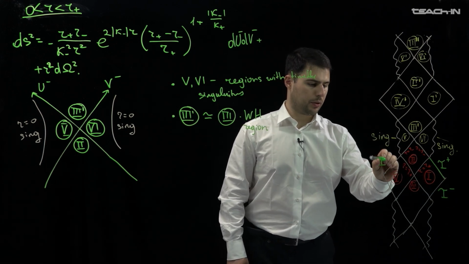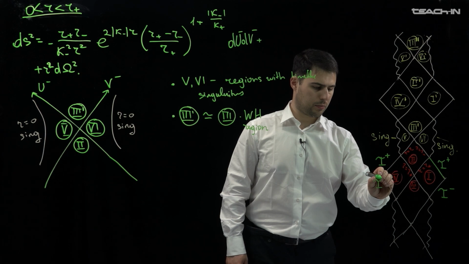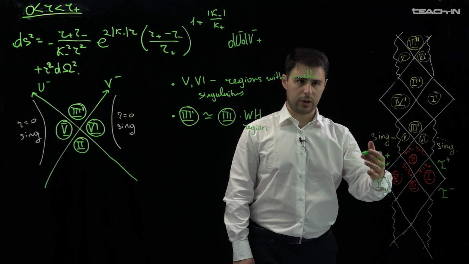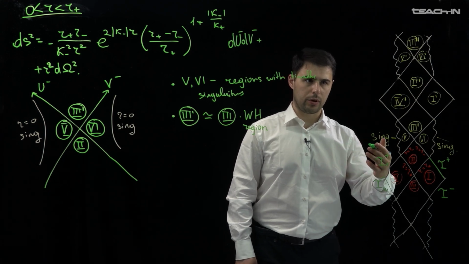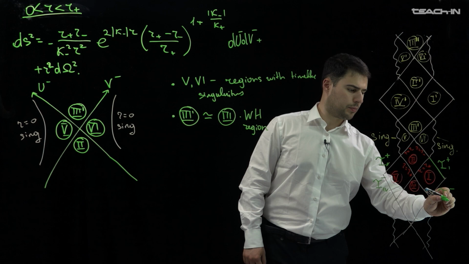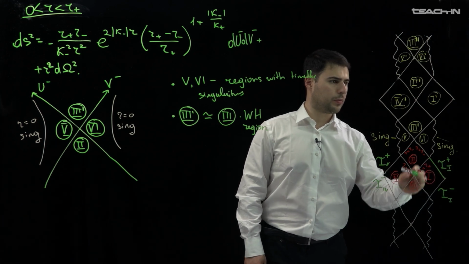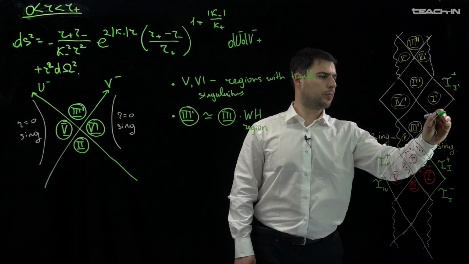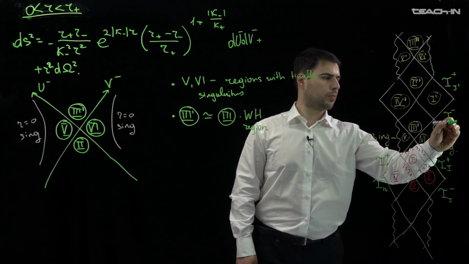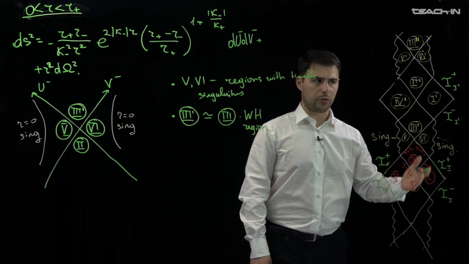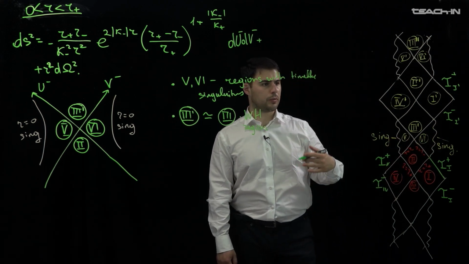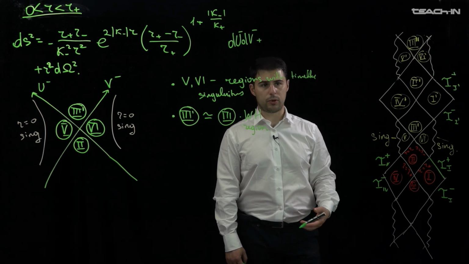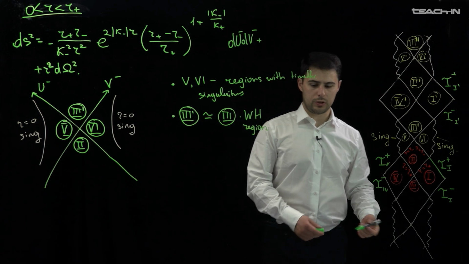Here we have the second set of the null infinities. And so on and so forth, because the chart keeps introducing new asymptotically flat ends, and therefore new null infinities.